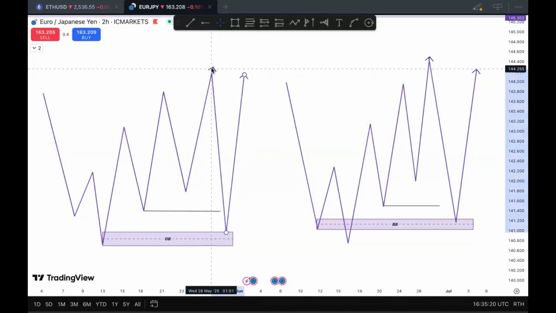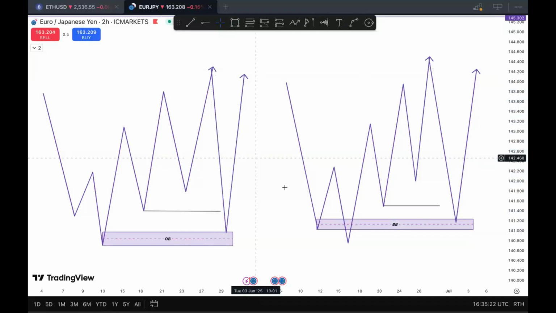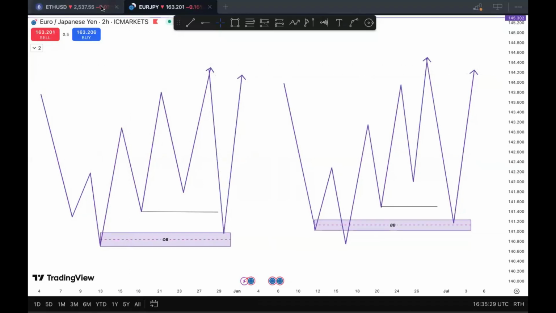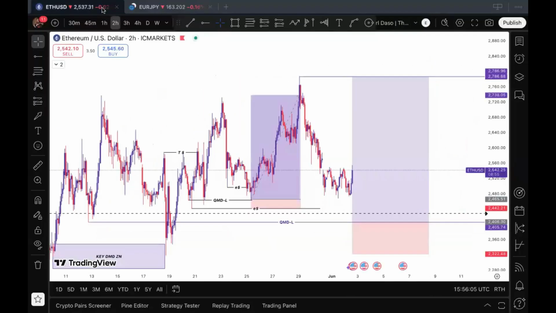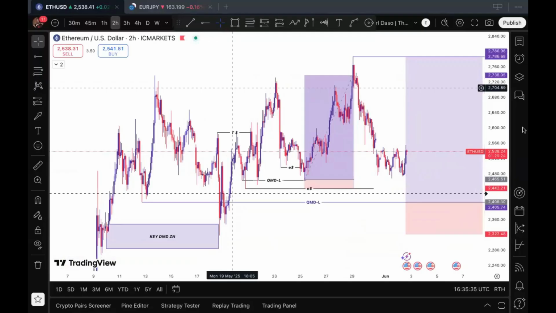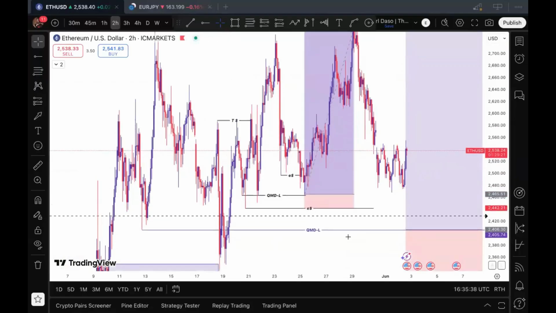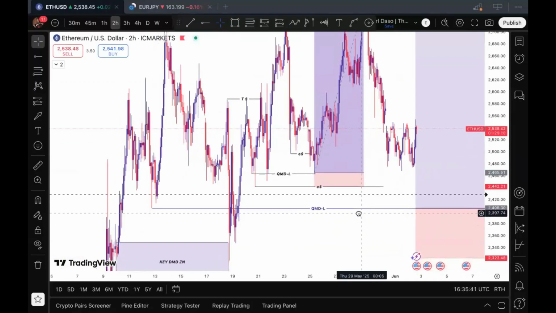We're going to go to a live example. Okay, this is Ethereum USD. Can you see my screen?